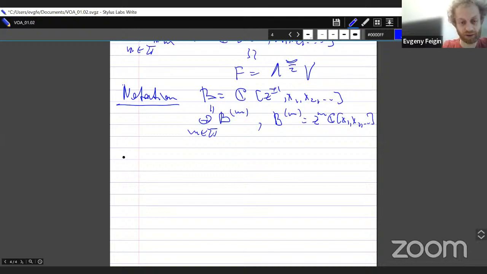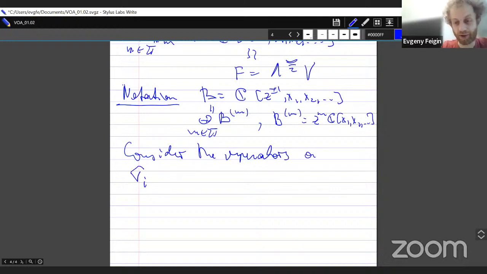Consider the operators v_i hat and v_i hat star on F, defined as follows. If we take v_i hat applied to v_I, it is nothing but the wedge v_i ∧ v_I.